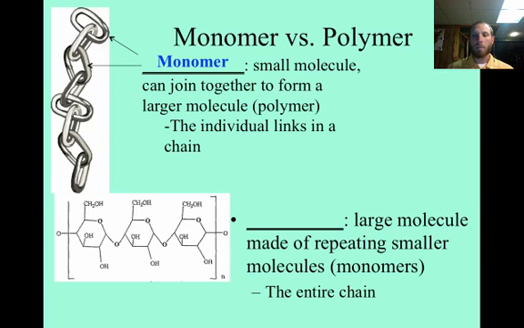The polymer, prefix poly meaning many, is a large molecule made of repeating smaller molecules, or the monomers. The polymer in the chain example would be the entire chain. Okay, here we see that in this picture, and then in what's called a structural formula for a polymer. You see each individual ring is a monomer structure that are joined together by a bond to form the polymer.